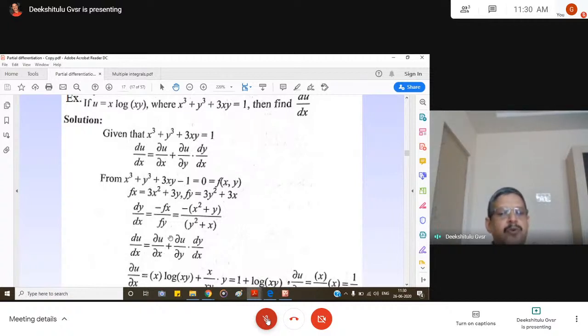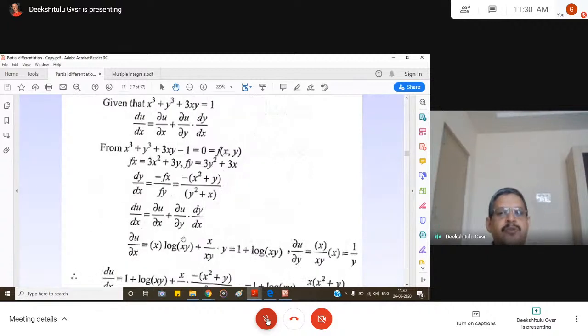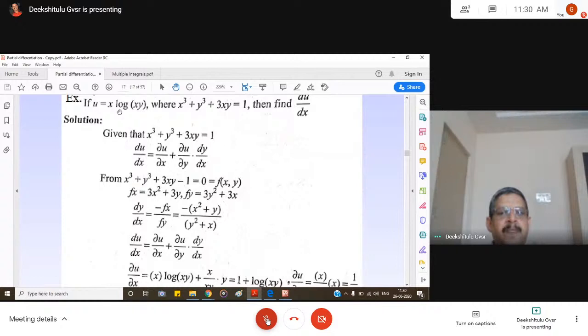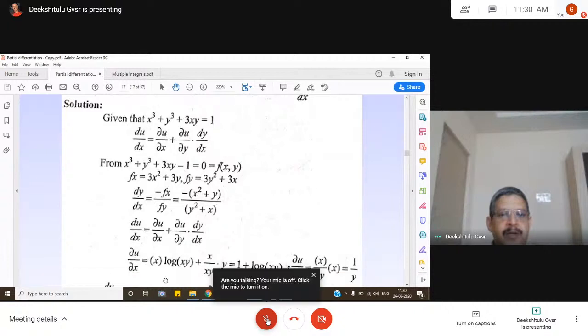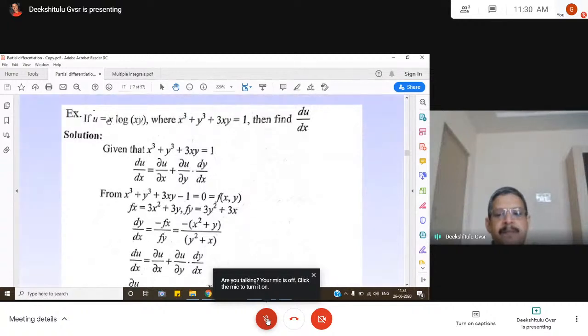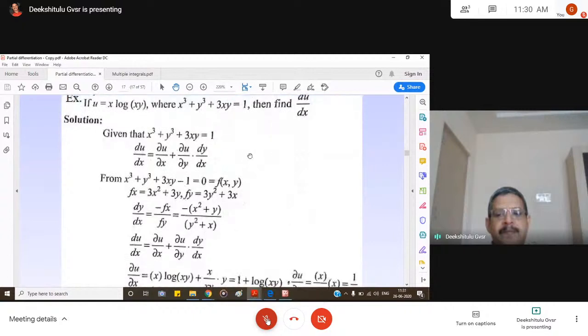Now we put these things in the given formula: du by dx is equal to dou u by dou x plus dou u by dou y into dy by dx. So what is dou u by dou x? By the uv formula, x into derivative of log xy: derivative of x is 1 into log xy, plus x into 1 by xy into y, 1 by x, that becomes 1.